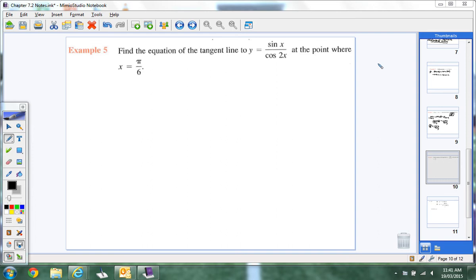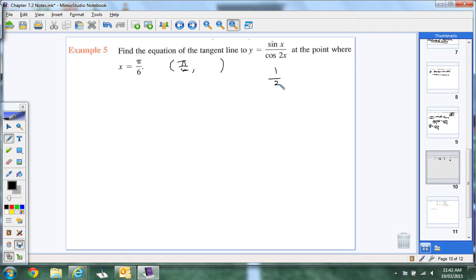So before we start, let's get this point instead of just having the pi over 6. We have pi over 6 now, and we'd like to have a y value. So what is sine of pi over 6? It's 1 over 2. So when I put pi over 6 into sine, it's 1 over 2.